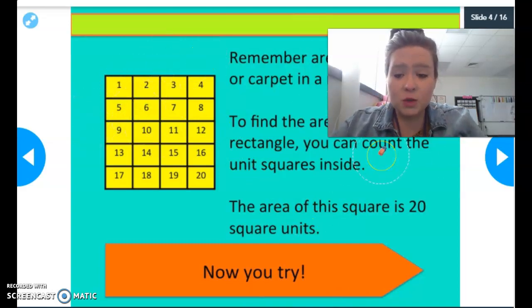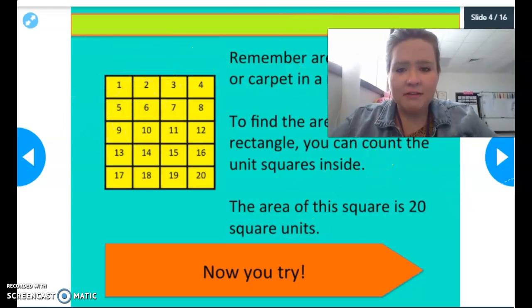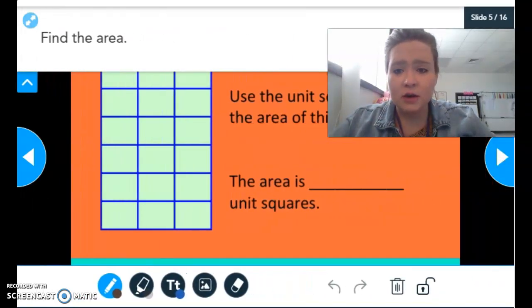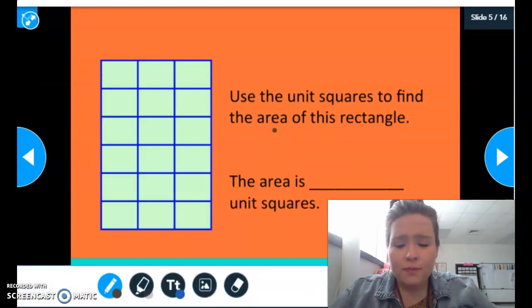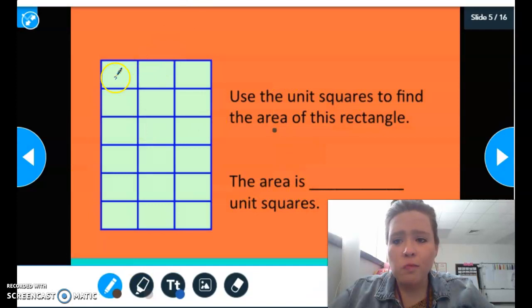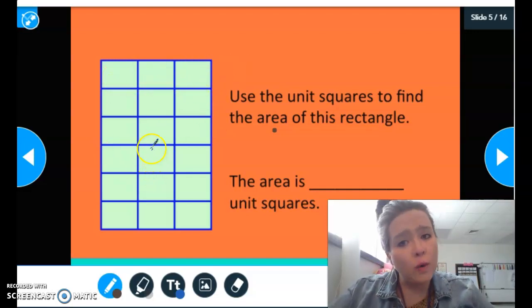So we're just going to keep practicing finding the area. And I'm just going to model doing that, okay? Use the square units to find the area of this rectangle. Well, I'm going to just count them. Now, I'm telling you, you can count these because you have the units in this rectangle, but you're not always going to have that.